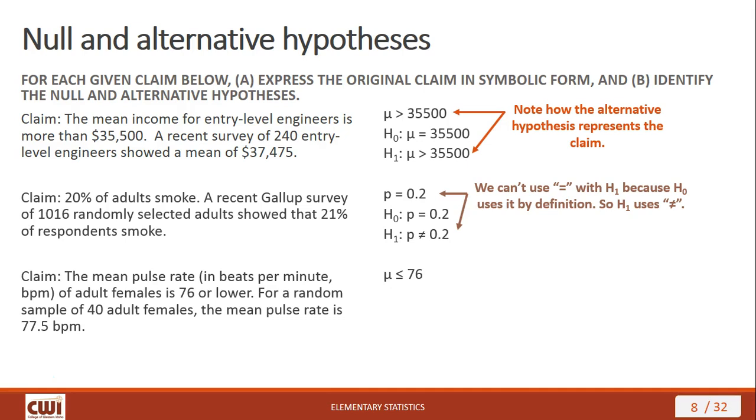That's what we claim, that the mean pulse rate is 76 or lower. So, writing that symbolically, we have mu is less than or equal to 76. The null hypothesis then. What will the null hypothesis be?